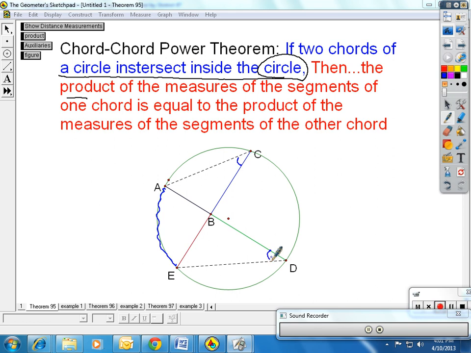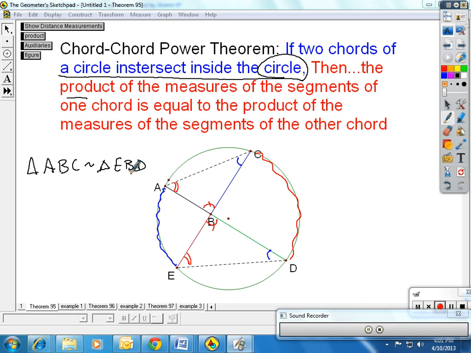And we see that this shared arc is shared by this inscribed angle and that inscribed angle, therefore they must be congruent. And by vertical angles, we know that those are congruent. And so what we have here is a set of similar triangles. Triangle ABC is similar to triangle EBD.